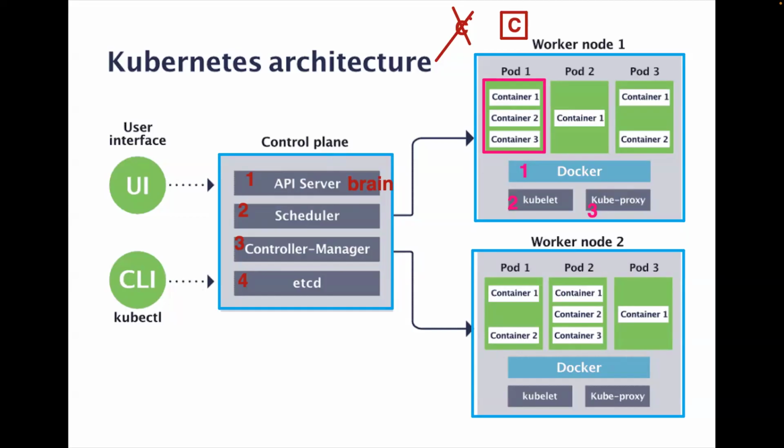Scheduler, as the name says, is the component which will schedule: at what time a pod should be started, and where a pod should be started. Once it is scheduled, it would then be taken care of by the controller manager. Controller manager has all the controllers, like the node controller, replication controller, endpoint controller, and so on.